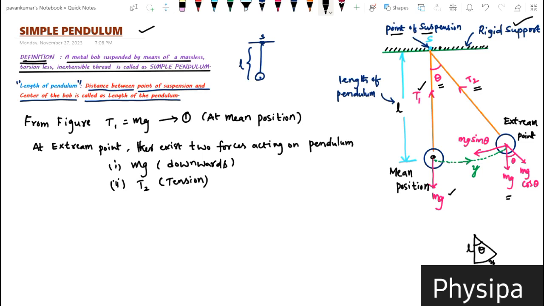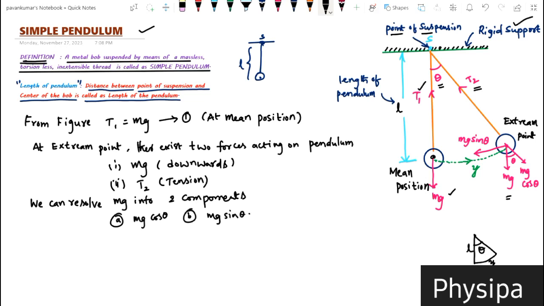At this extreme position, T2 and mg are not balanced by each other, so we can resolve the gravitational force mg into two orthogonal components. They are A, mg cos theta, and B, mg sin theta.